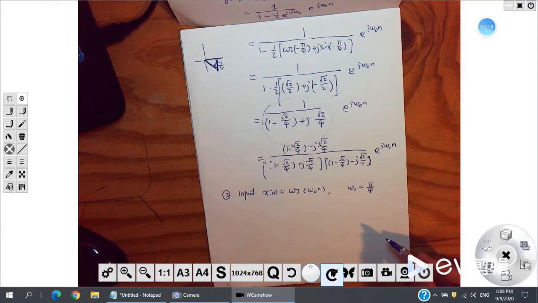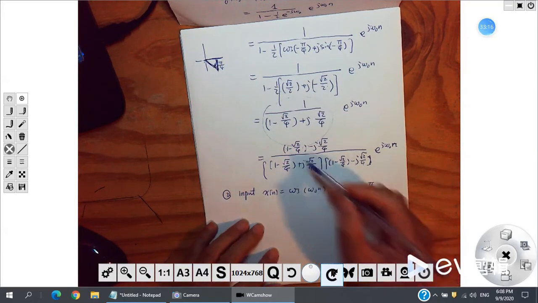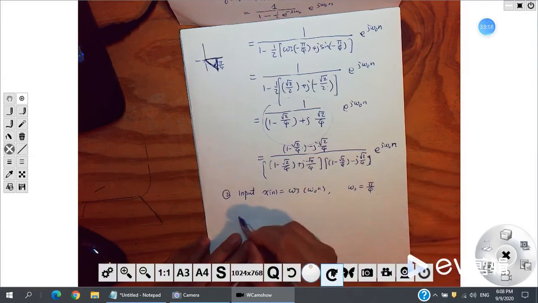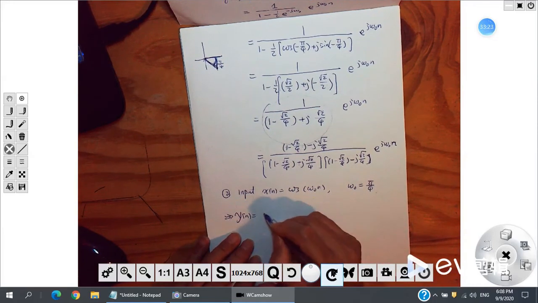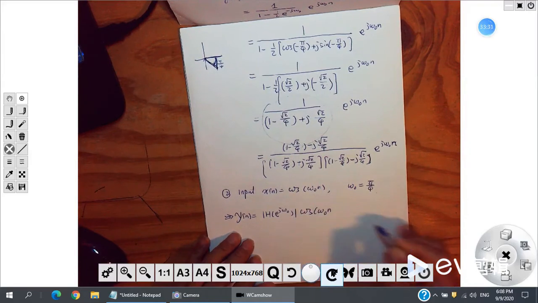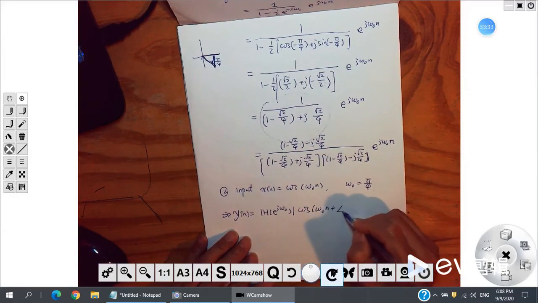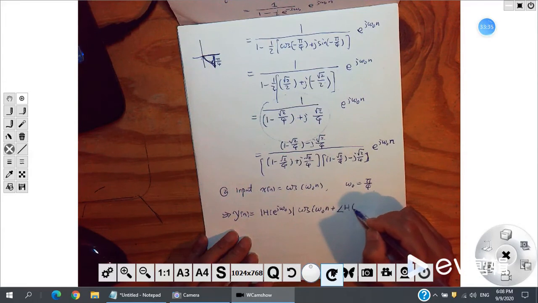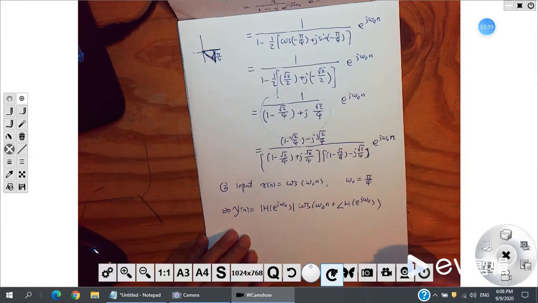In this case, we know this one: y of n will be the magnitude of H times cosine of the same frequency, but you add a phase, and the phase will be the angle of H. But what is this magnitude and what is this angle?